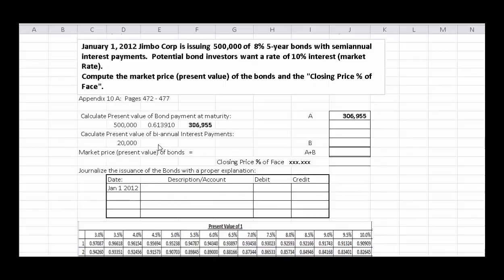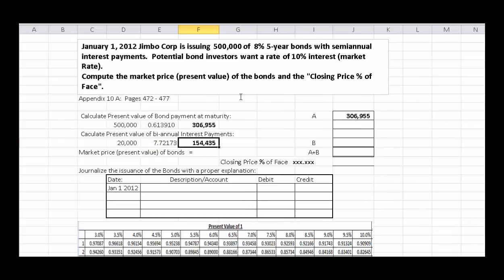We enter that factor, times the 20,000 biannual payments, which equals $154,435. So I'll bring that over here.